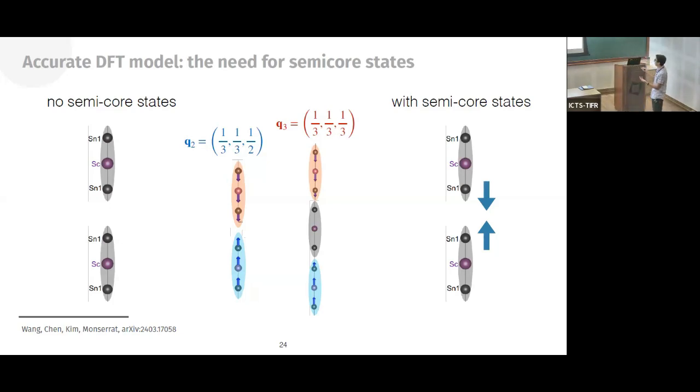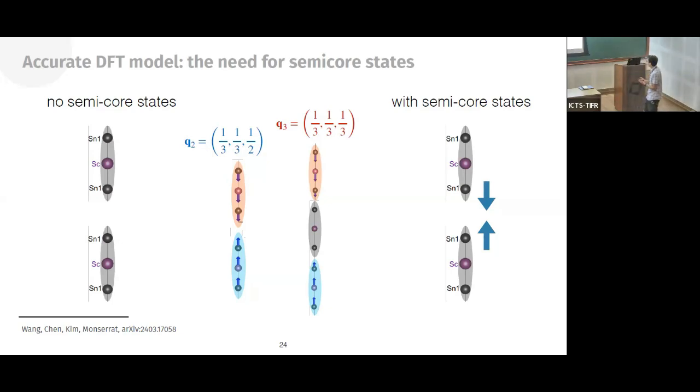So in this particular example, if you use the standard choice, which I call no semi-core states, so few valence states and quite a few states in the core, then you find indeed that the Q2 distortion dominates, like previous studies showed. But then if you include more states in the valence, that's what I mean here with semi-core states, you actually find that the Q3 distortion dominates.